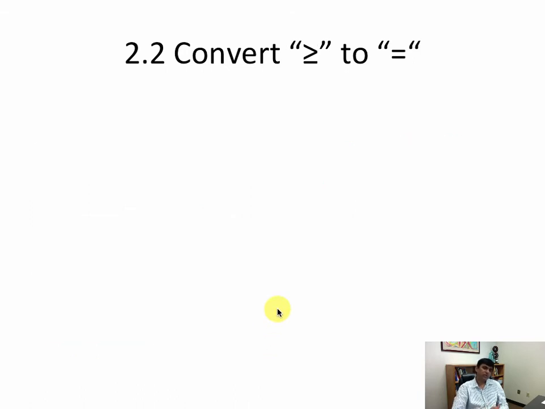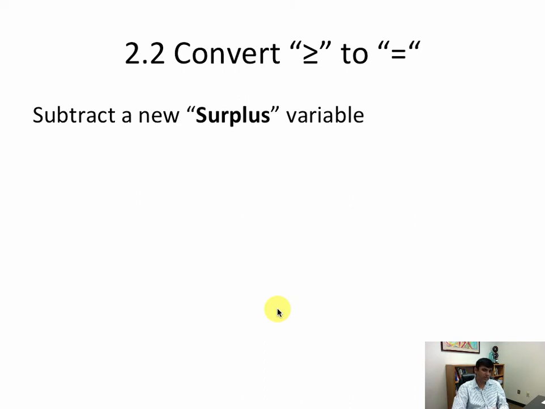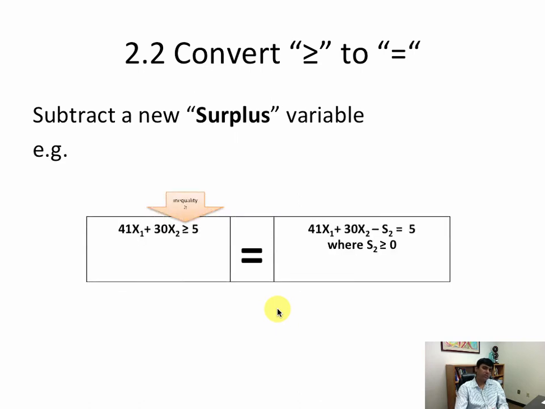The next one is the opposite of the previous case. Instead of less than or equal to, how do you convert a greater than or equal to into an equal to? In this case, we subtract a new surplus variable. For example, we have 41x1 + 30x2 >= 5. Mathematically, this is equal to 41x1 + 30x2 - s2 = 5, where s2 is greater than or equal to 0.